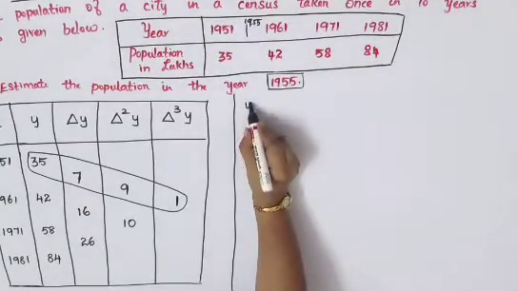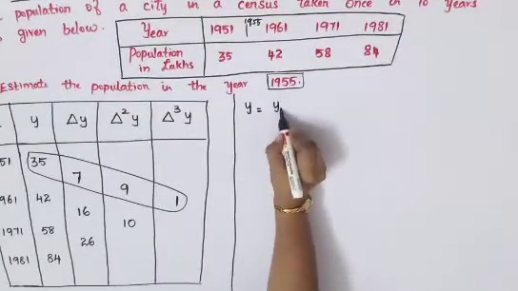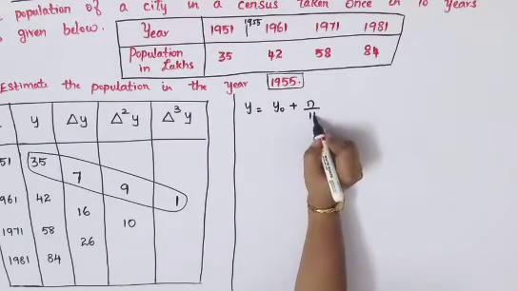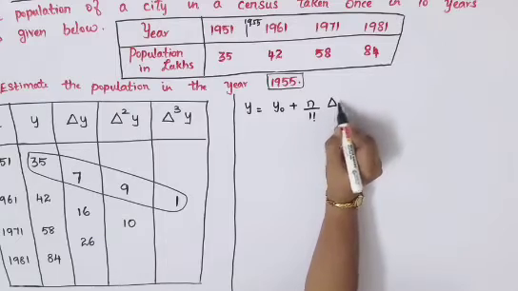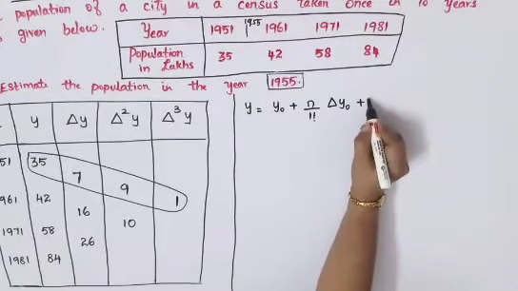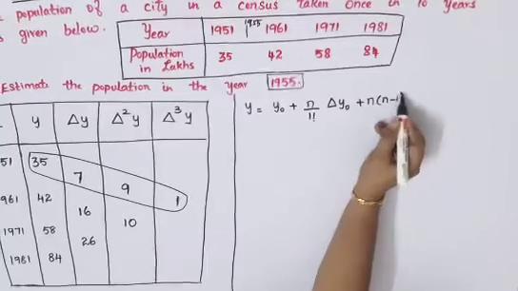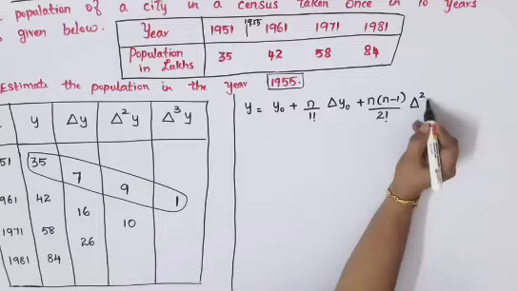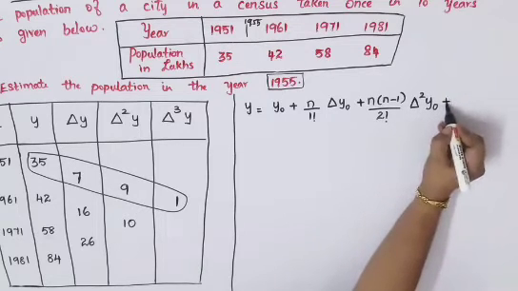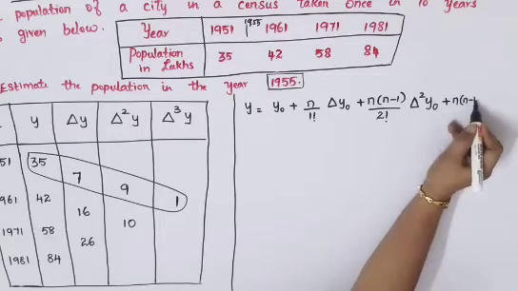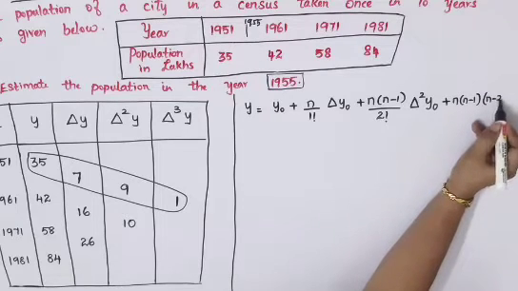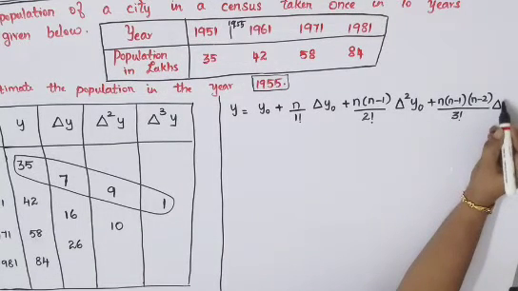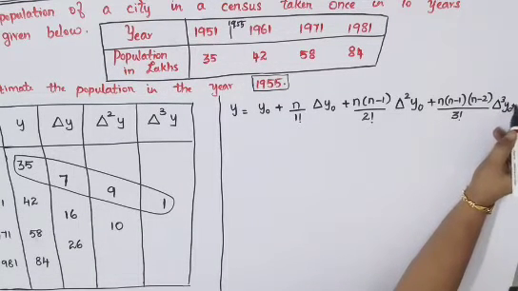So your formula is y is equal to y0 plus n divided by 1 factorial into delta y0, plus n into n minus 1 divided by 2 factorial into delta square y0, plus n into n minus 1 into n minus 2 divided by 3 factorial into delta cube y0, plus etc.